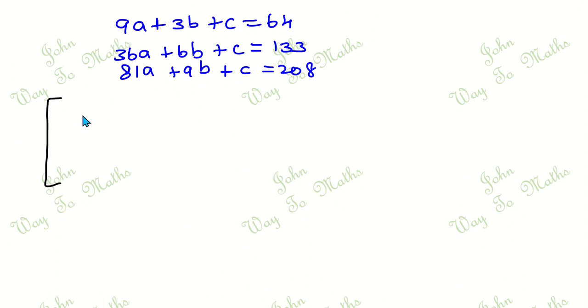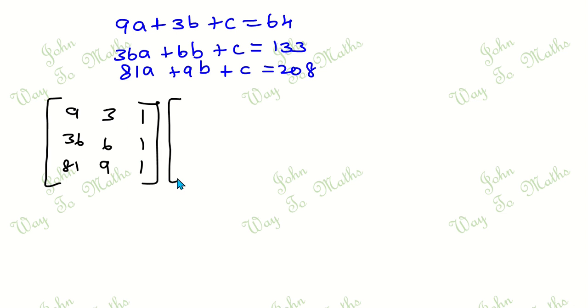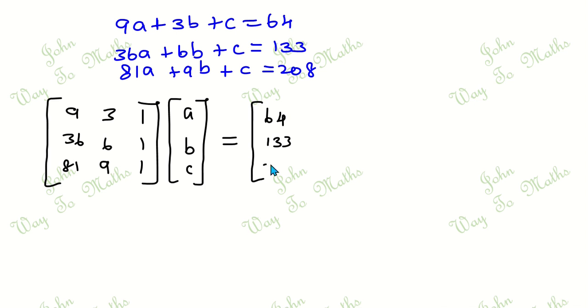The coefficient of a becomes 9, 36, 81. Then the coefficient of b becomes 3, 6, 9. The coefficient of c becomes 1, 1, 1. Then the matrix a, b, c is equal to the constant matrix 64, 133, 208. Here I'm going to give the names A, X matrix, then B matrix.